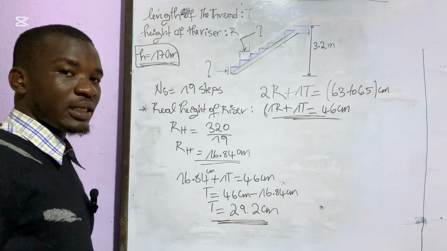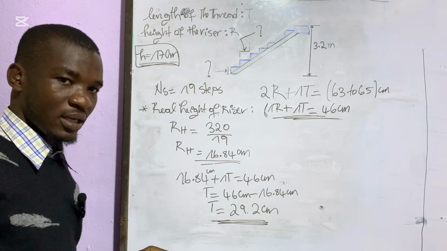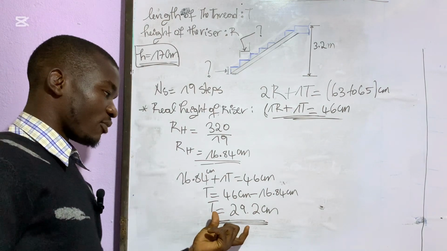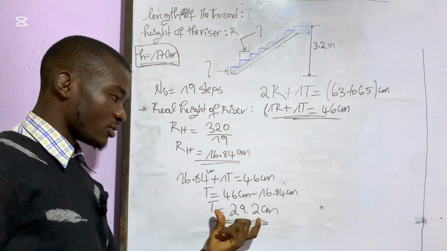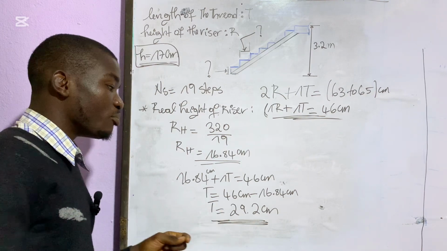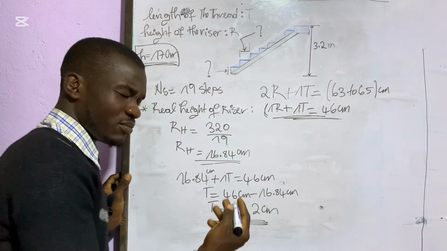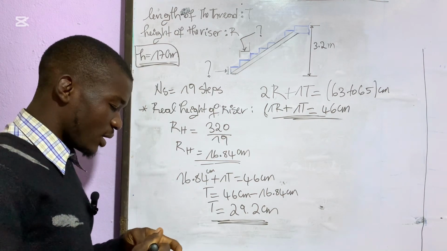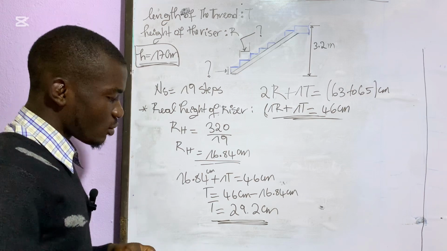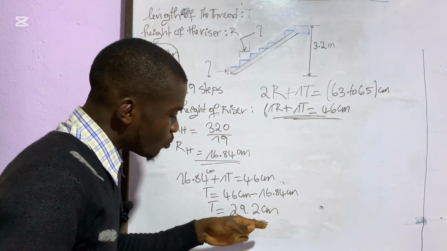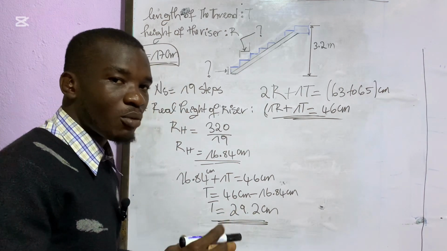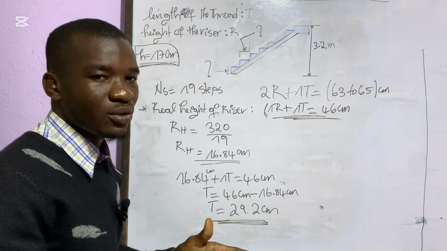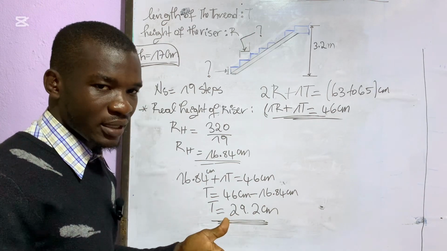This is the tray of our staircase, or the tray of one step, the length of the tray for one step. But remember again, we still have decimal numbers, which are not actually easy to execute on site. So now we will have to take the number that can be easily measured on site and executed.